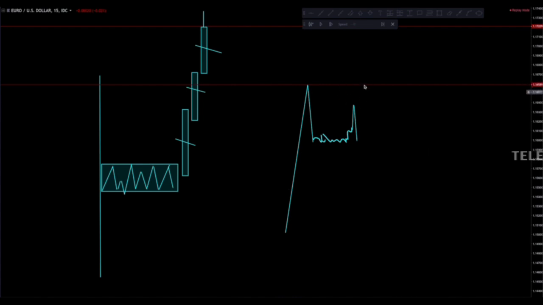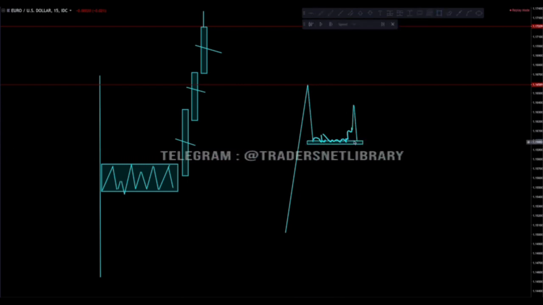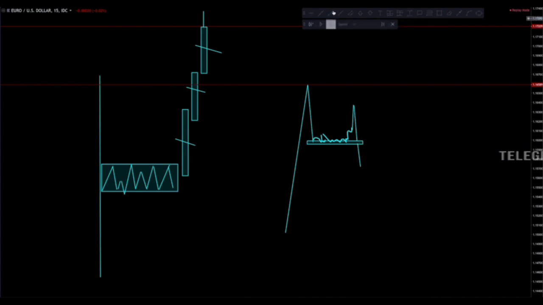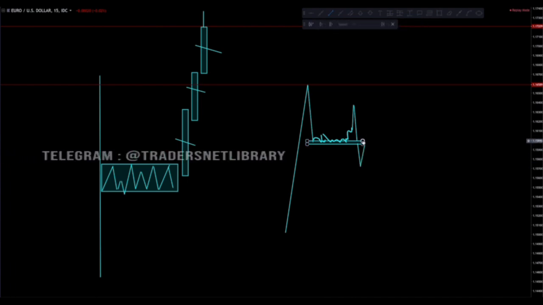If this shoulder is not so high, it means the bulls don't have enough control now, because they didn't have the strength to go to this resistance again, and they can just be stuck at this support for a little while before we break down. If we break this low, the pattern is confirmed. And what we can do is wait for the retest and then go short.